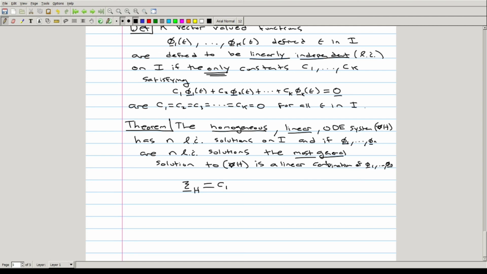This will be C1 phi 1 plus C2 phi 2 all the way up to Cn phi n. And like I said, the proof of this theorem is in the Kelly book, Chapter 2.